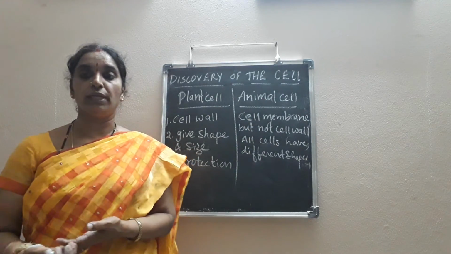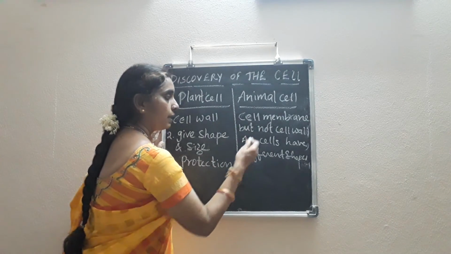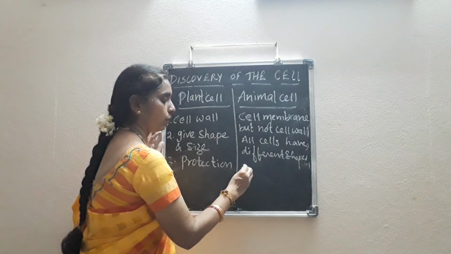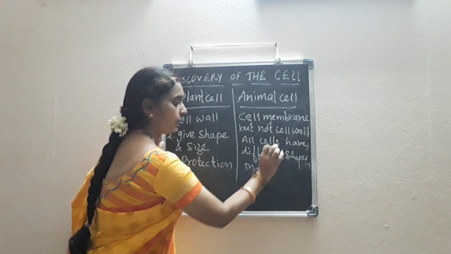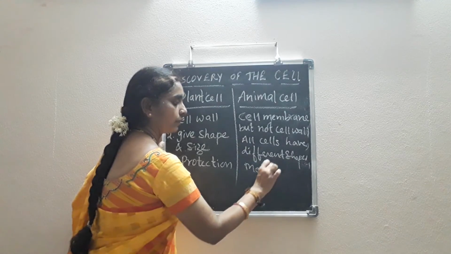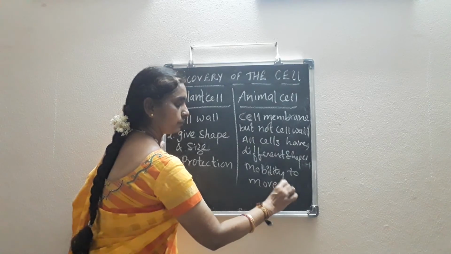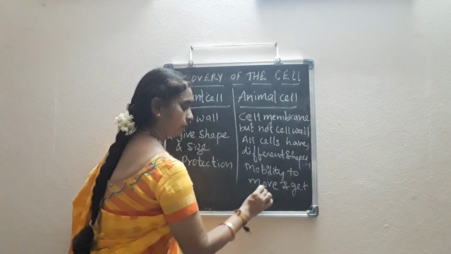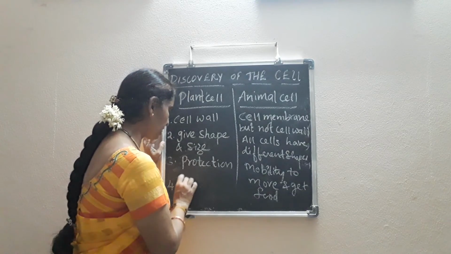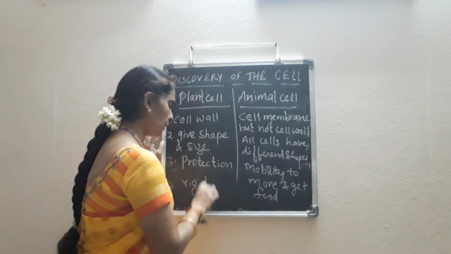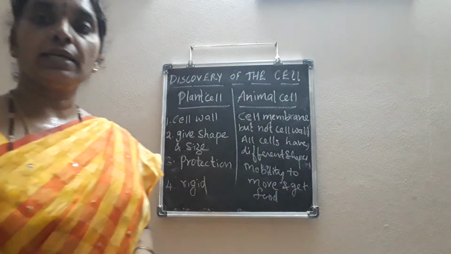It moves around and gets its food. So with the cell membrane, there is no need of a cell wall. It has the mobility to move and get food. Whereas the plant cell is rigid, and the rigidity helps for the protection of the cell. Is it clear children? Yes.